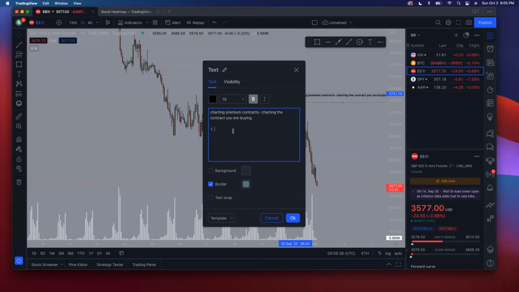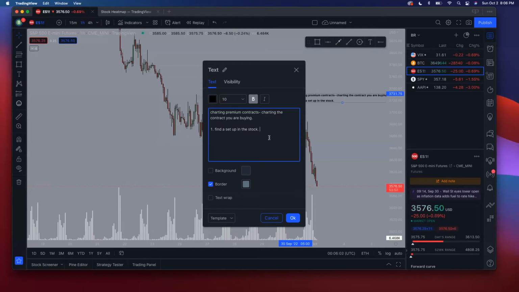But okay, so premium contracts. Charting premium contracts is basically charting the contract that you buy. First thing, you've got to find a setup. In the stock specifically, you're not just going to be looking at options contracts. Sure, you could do this, and there are people that do, but I personally have always been taught and have always traded the same way: find a setup in the stock.